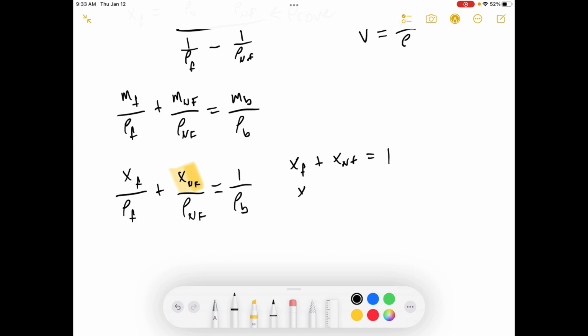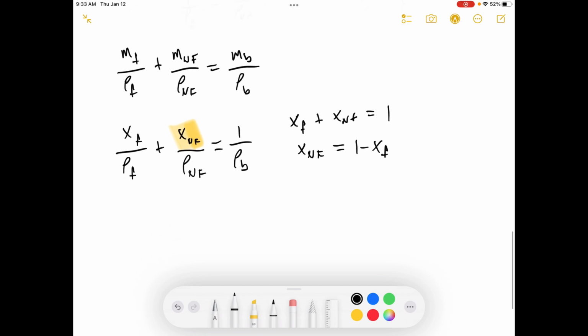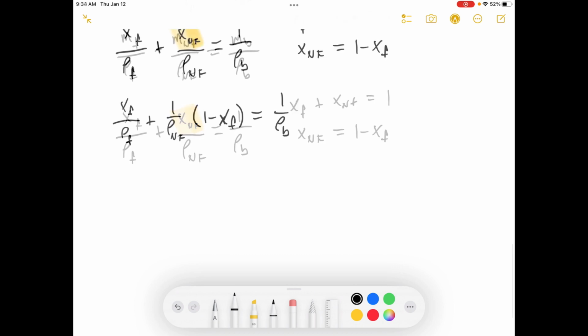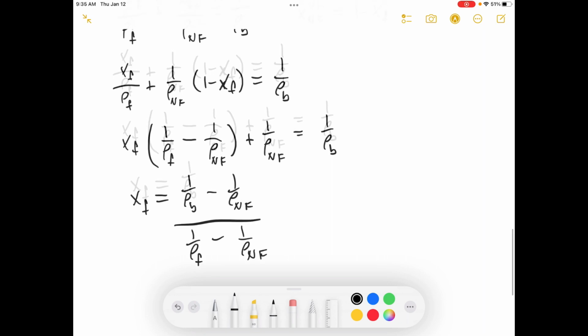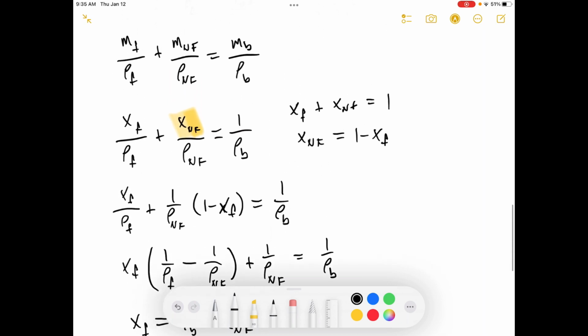So let's substitute this in for the non-fat portion. And then we have everything in terms of XF. So we need to separate our XF terms here. Shift everything over and put it in terms of the mass fraction. So now we've got 1 over the density of the body, what we were looking for.